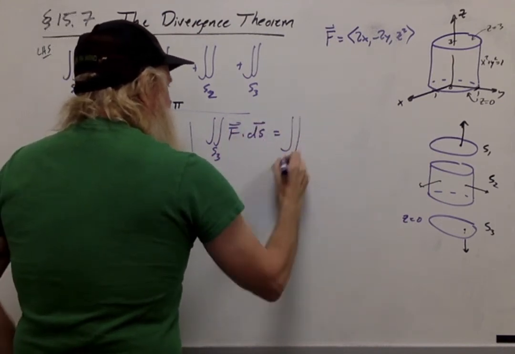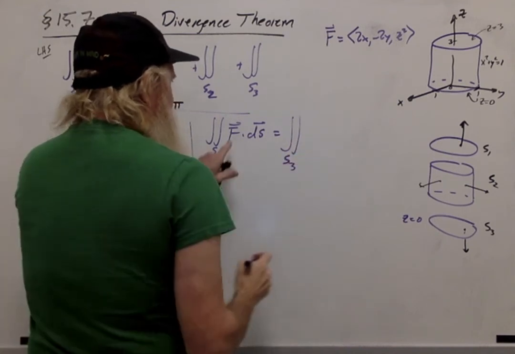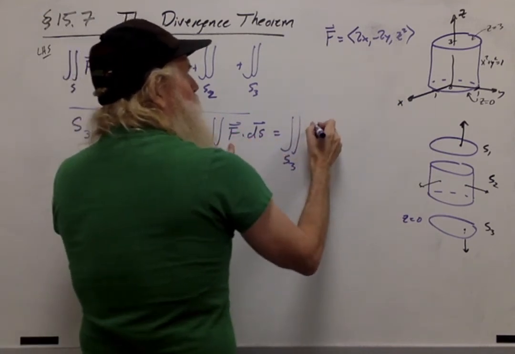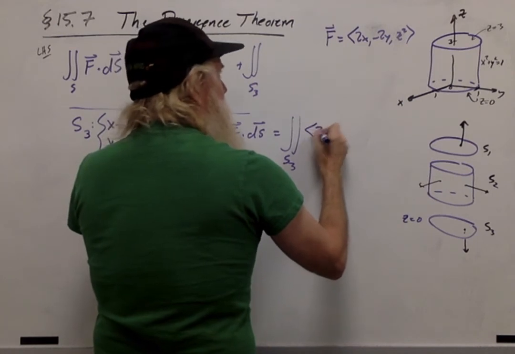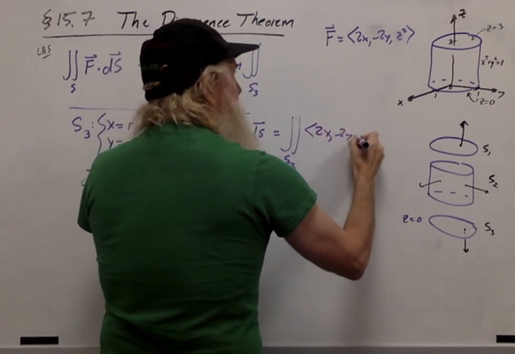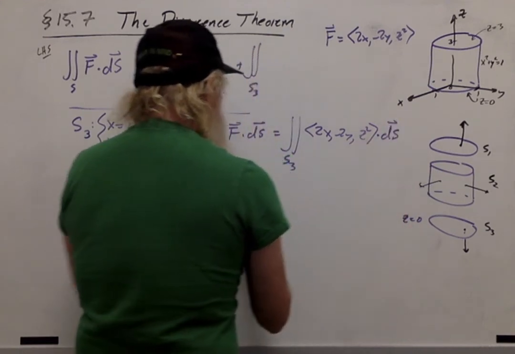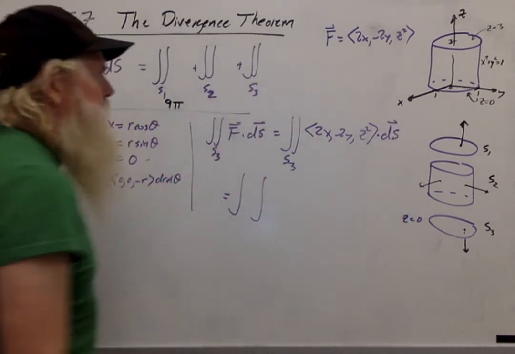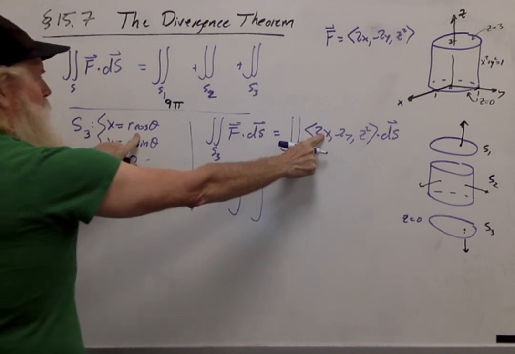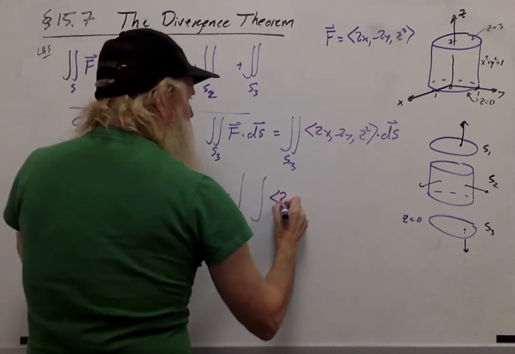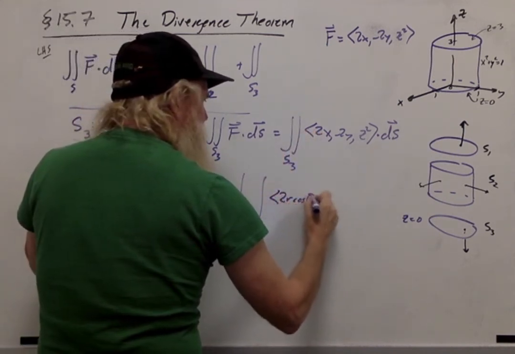Once again, I'll remind us that F is the vector field 2x, negative 2y, z squared. X is r cosine theta, so I have 2r cosine theta.